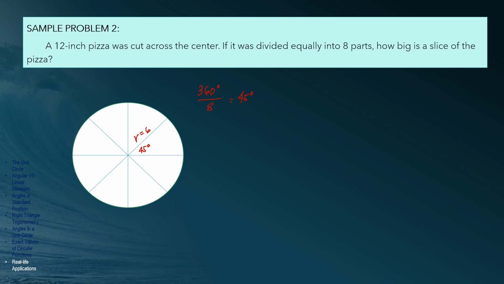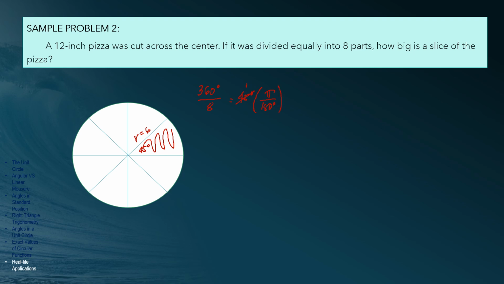Now remember that if we're going to get the area of this slice, our theta or angle should be expressed in pi radian. So convert 45 degrees to pi radian. We shall have 45. That's the GCF, so this is 1.